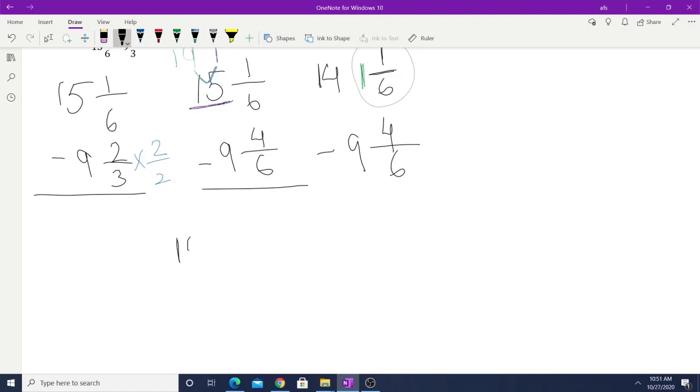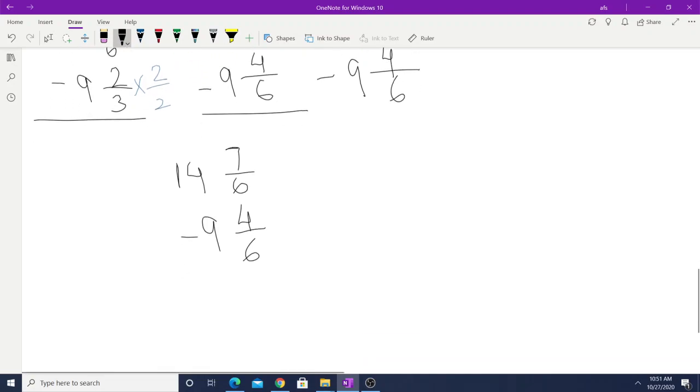We have a 14 here, and one of the ways to simplify is changing that 1 1/6 into an improper fraction, which gives me a 7/6. If I have a 7/6 on the top, and then I have a 9 4/6 in the bottom, our numbers are good enough to be able to subtract.